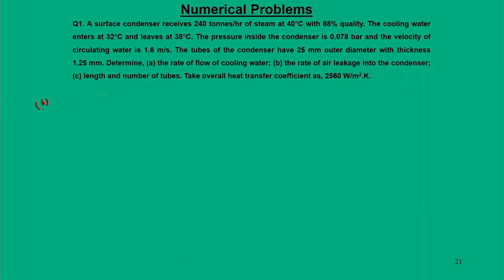Then we can use the ideal gas equation, P air into V is equal to m dot air, which we need to find out, into R air into T, because we need to find the air leakage. Next question is, what is this P air? This condenser operates at a total pressure, which consists of saturated pressure plus air pressure, which already exists in this condenser.